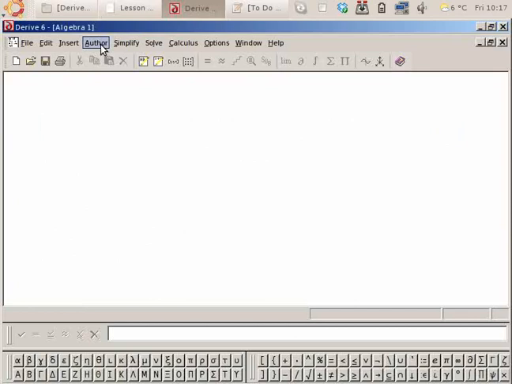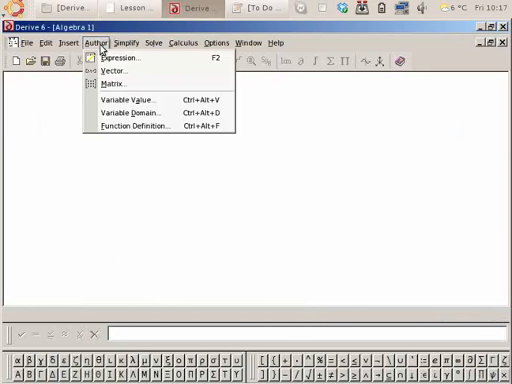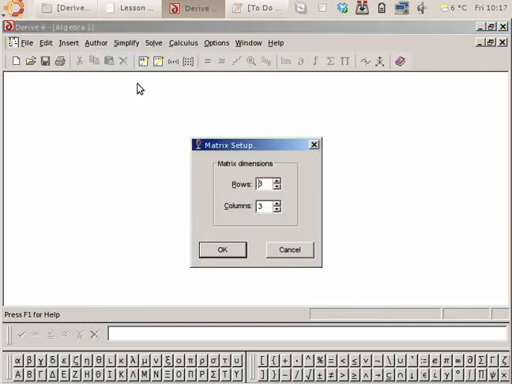So you see here under author up the top, and you can pick matrix and then you get this window. So what does this mean?